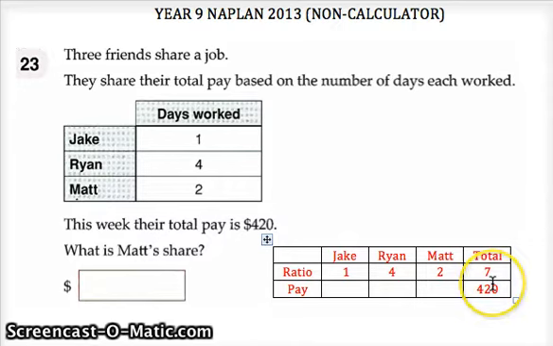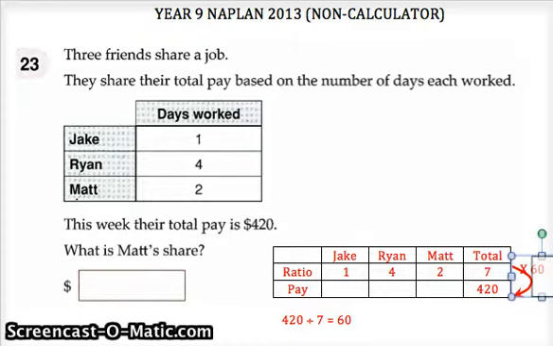Now we look at the table and we know that 7 parts is equal to $420. So to work out one part, we would do 420 divided by 7, which is $60. In other words, to go from the first row of the table to the second row, to go from 7 to 420, you would multiply by 60.